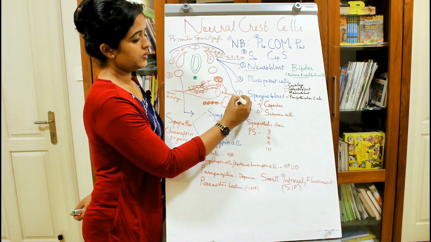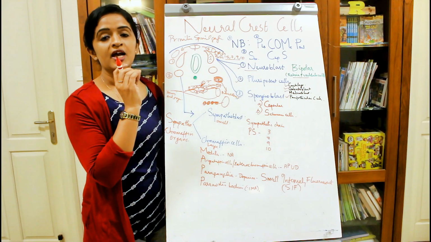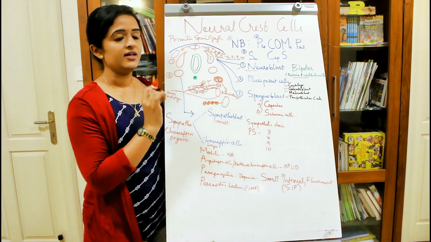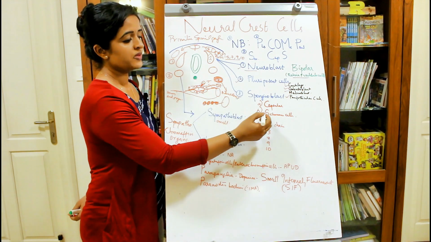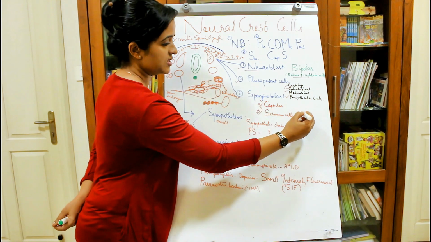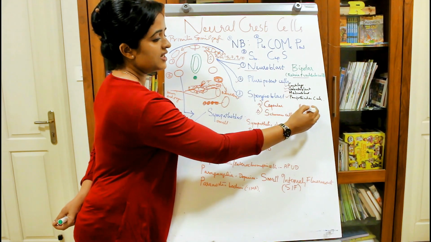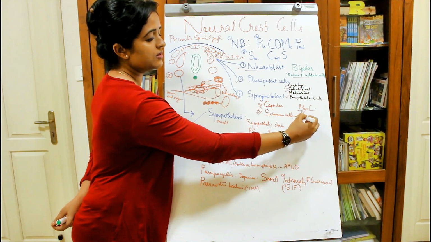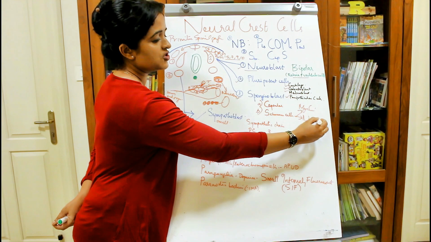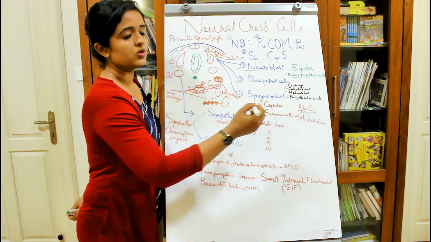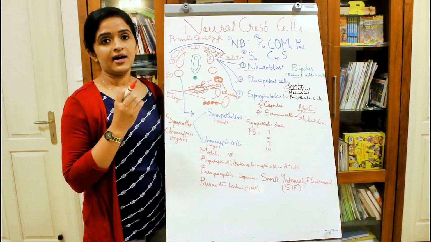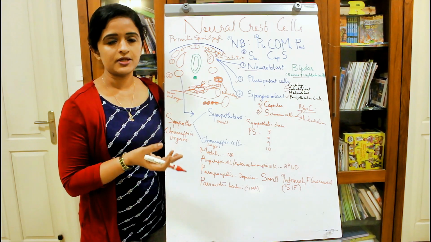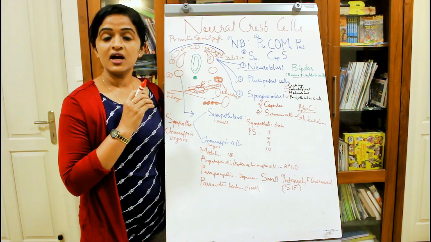Okay, so the outermost cytoplasm along with the membrane, you call it neurolemma sheath. So the Schwann cell will give rise to two entities. One, the myelin sheath of the myelinated nerves, and the outermost covering is known as neurolemma sheath.